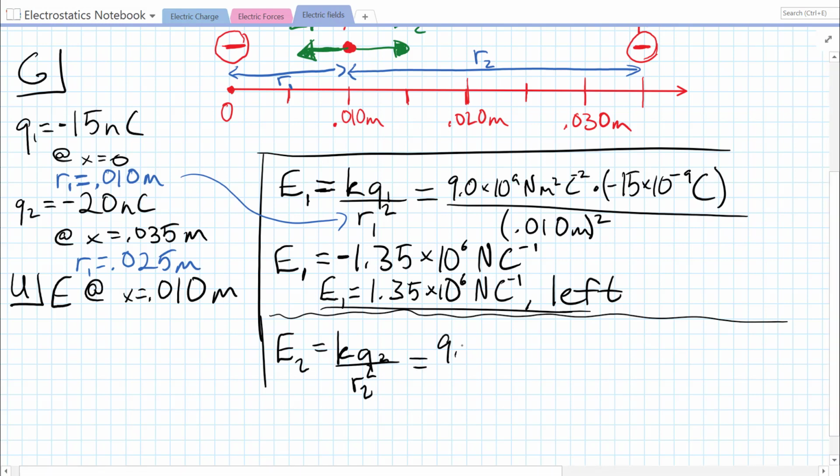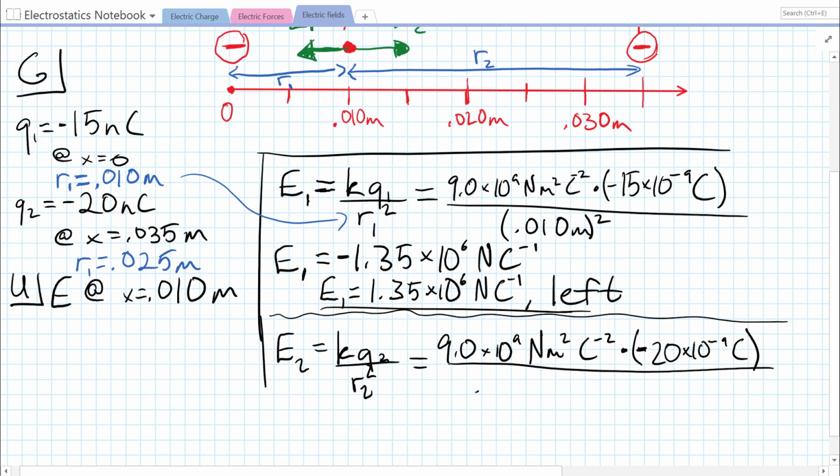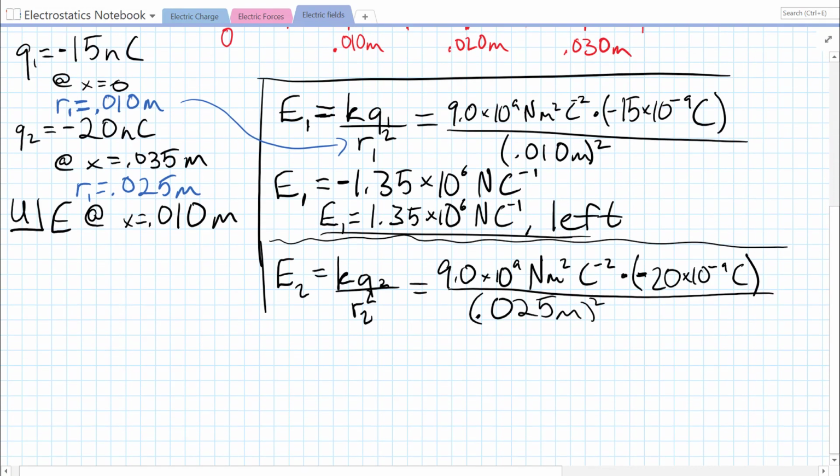K is again 9.0 times 10 to the 9 newton meters squared per coulomb squared, times negative 20 times 10 to the minus 9 coulombs, all divided by 0.025 meters squared. I'm going to have to scroll down for this.